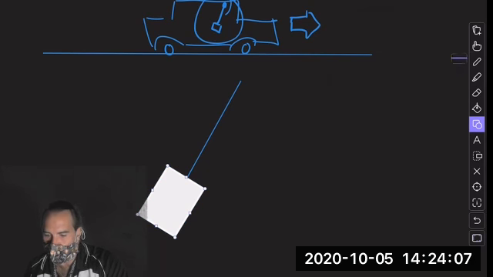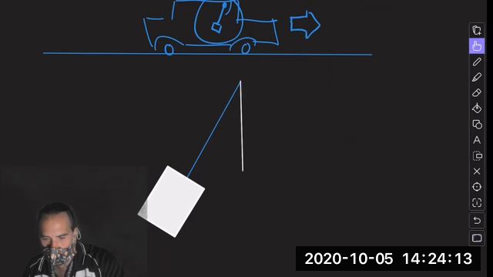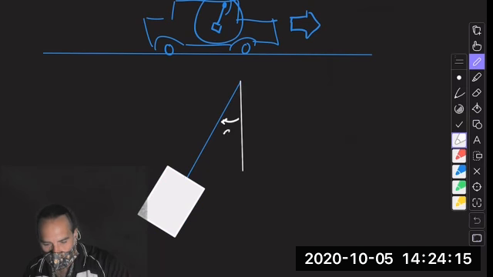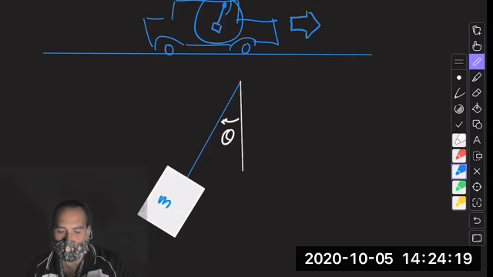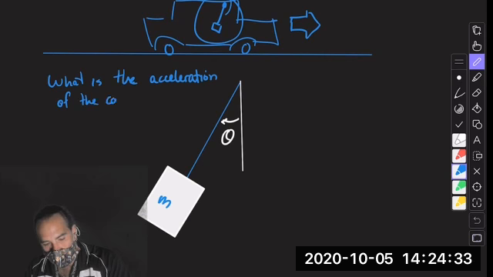So we need to measure that theta from the vertical. Object has mass m. I would like to know the acceleration. What is the acceleration of the car in terms of theta?